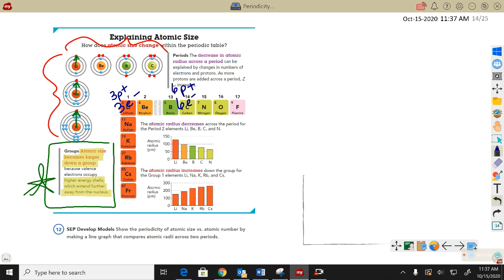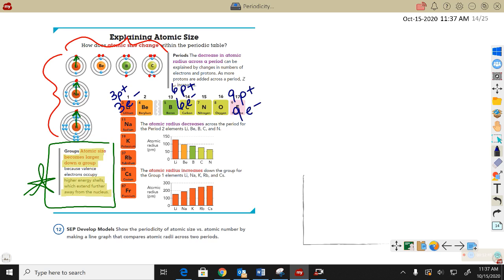And when I get over to fluorine, there would be 9 total positive protons and 9 total negative electrons, taking into consideration all of the electrons. There'd be 2 core and 7 valence. It's just a stronger magnet.